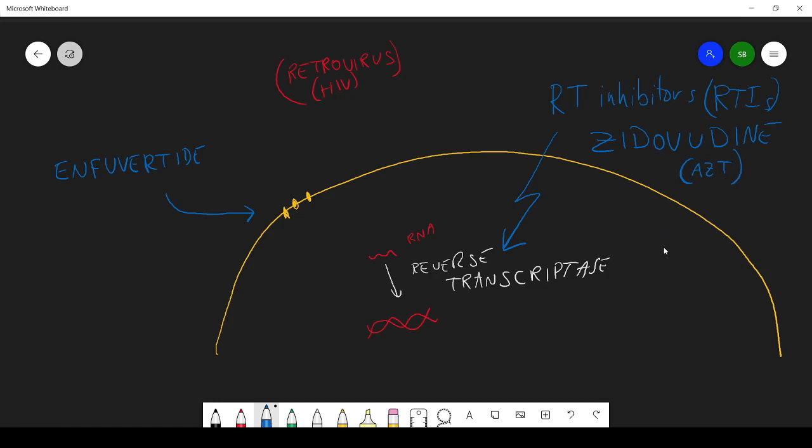But there are other drugs that also inhibit reverse transcriptases, which are not just for AIDS.